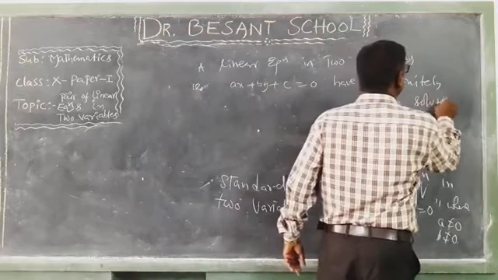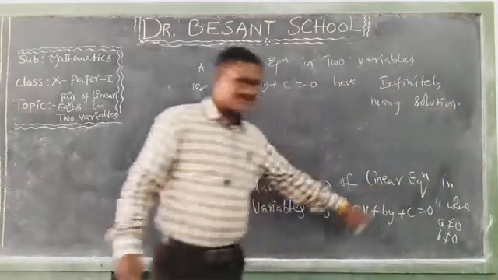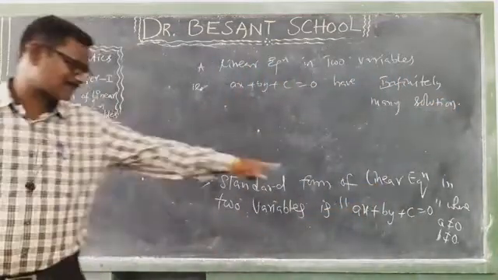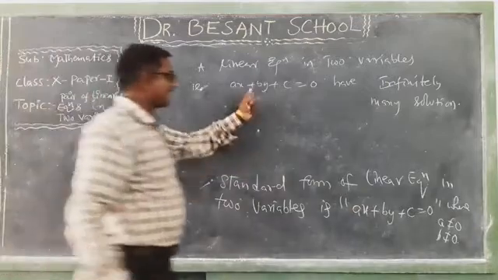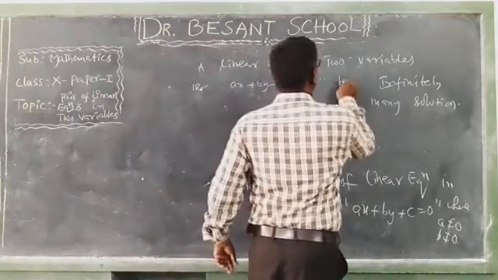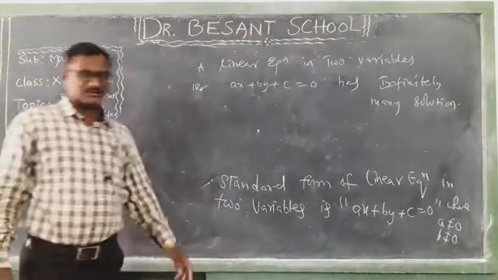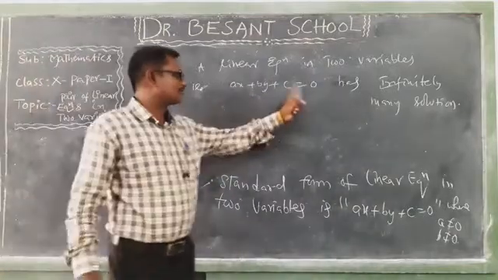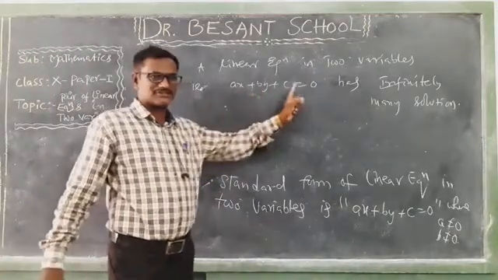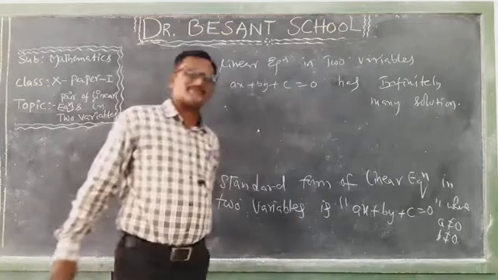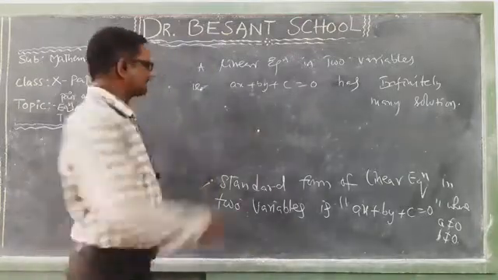See this point, children? A linear equation in two variables, the standard form is ax plus by plus c is equal to 0, has infinitely many solutions. Let me give some example.